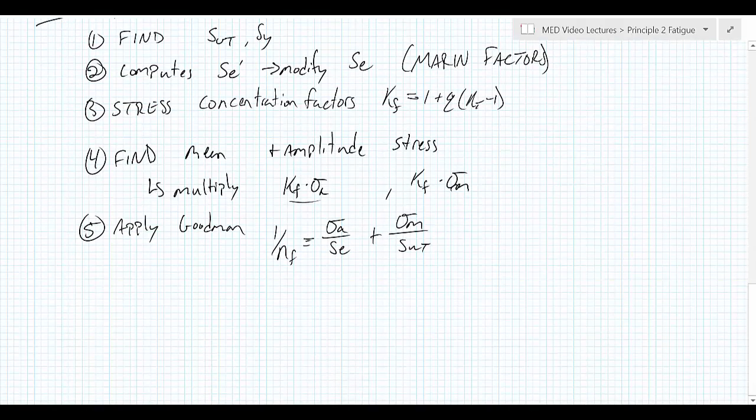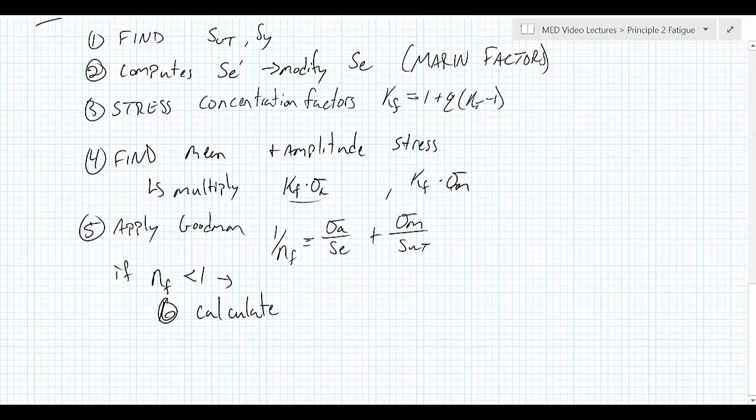Then if this fatigue factor of safety is less than 1, step 6 here is going to be calculate the life, calculate N number of cycles. So recall when we did our finite life, the stress was fully reversed. We don't have fully reversed stress here.